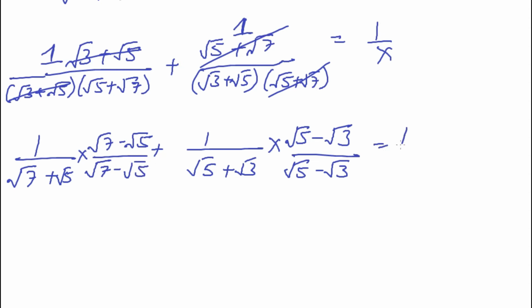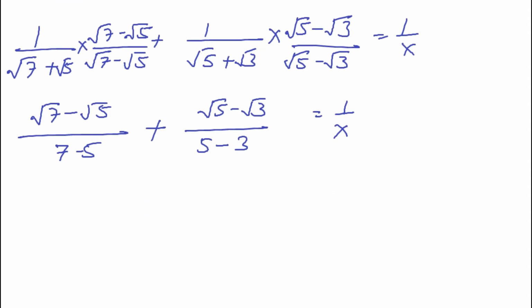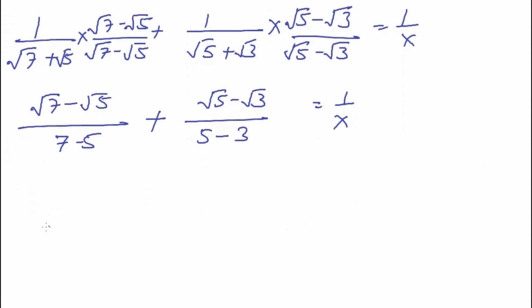Now the numerator remains root 7 minus root 5, and this denominator just becomes 7 minus 5, and for this part, plus root 5 minus root 3, and it becomes 5 minus 3. So we all know 7 minus 5 is 2, 5 minus 3 is also 2, so both have the denominator 2.